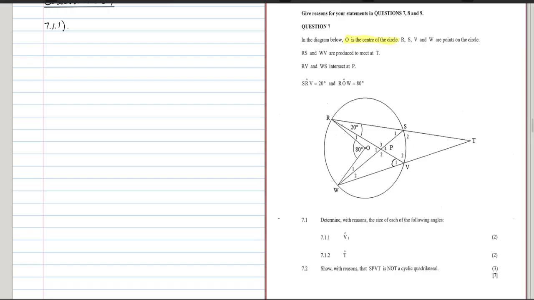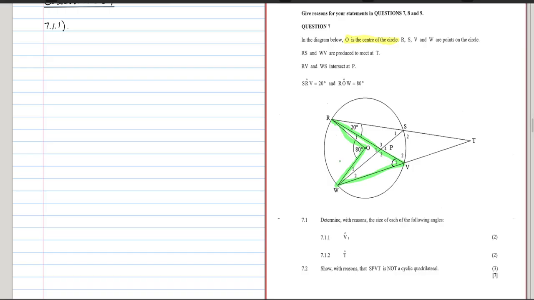Okay, so V1, which theorem do we apply? I'm going to highlight the diagram like this just to show how the 80 degrees and the V1 relate to each other. When approaching Euclidean geometry problems, just look at the information that is given to you.